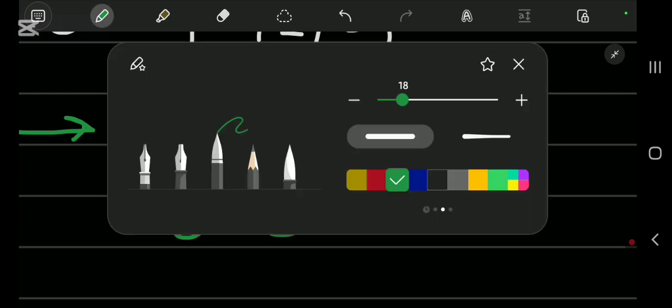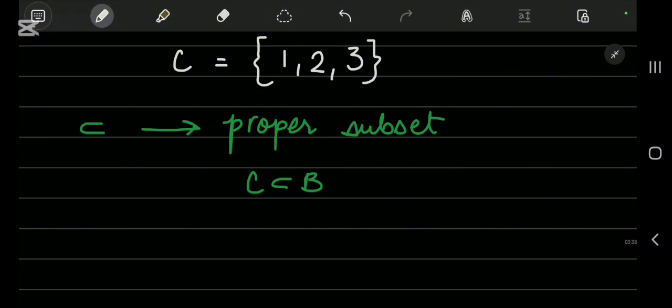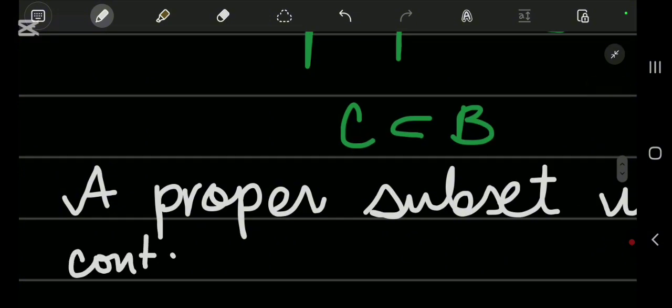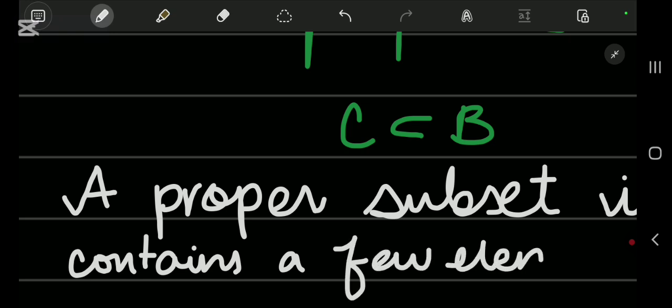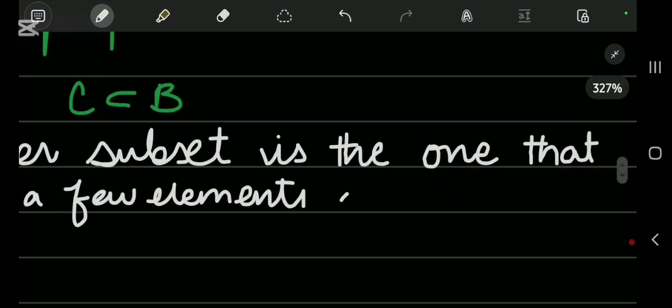Why? Because according to the definition, a proper subset is the one that contains a few elements of the other set.